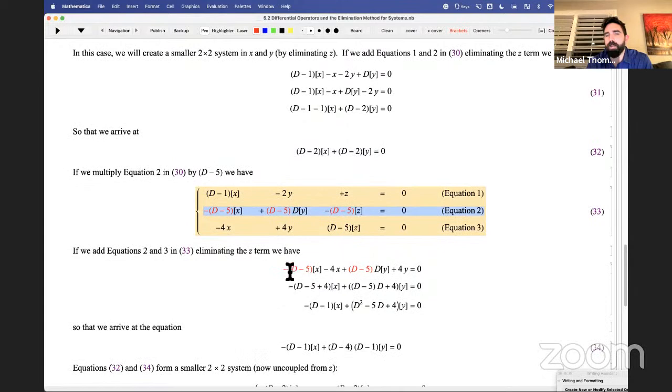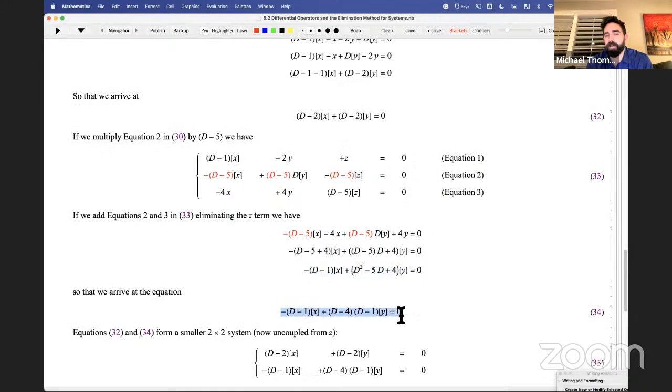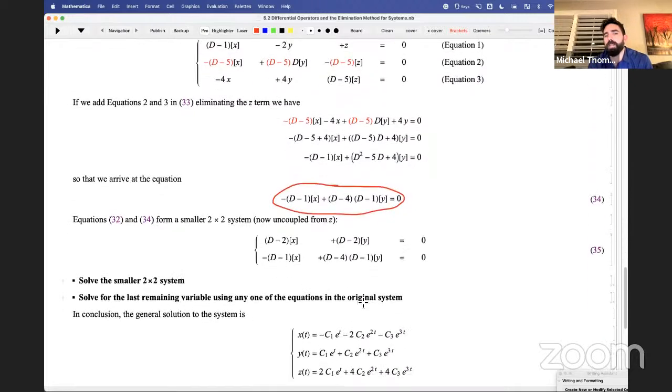When you do add it to equation 3, you get another equation with no more z's, which simplifies to this guy, another equation in x and y. So now we've got these two equations in x and y that we know are both true. We'll take these and create this smaller system.